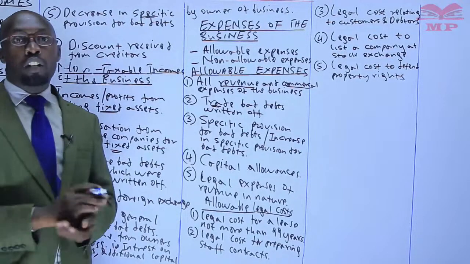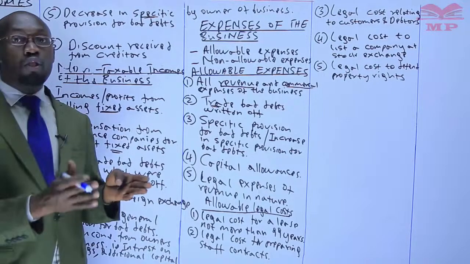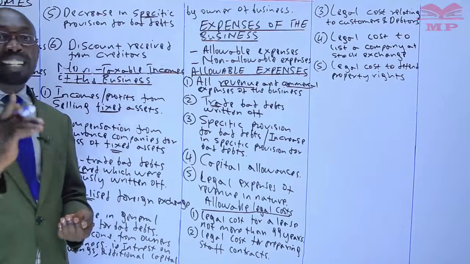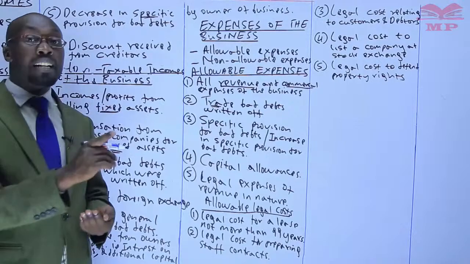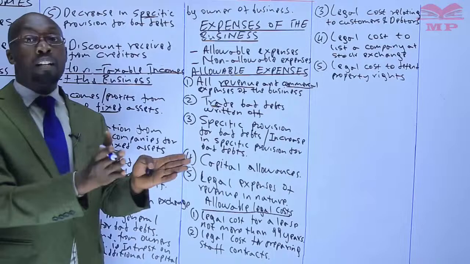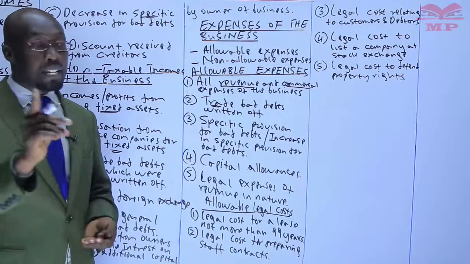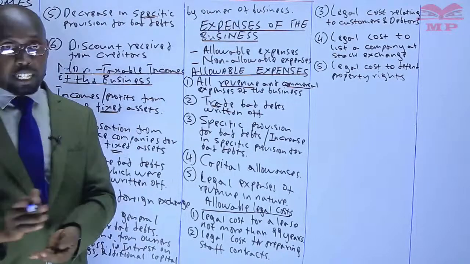This motor vehicle used to be mine. It was stolen from me. This building used to be mine. You decide, no, I bought these items legally. So you decide, let us go to court so that the judge can decide who owns these items. And because you are not a lawyer, you hire one to go and represent you. In the process, he charges you some legal fee. That is the one we are saying legal cost to defend your property. And when you pay, that becomes an allowable expense.